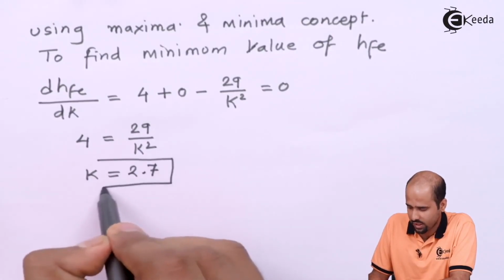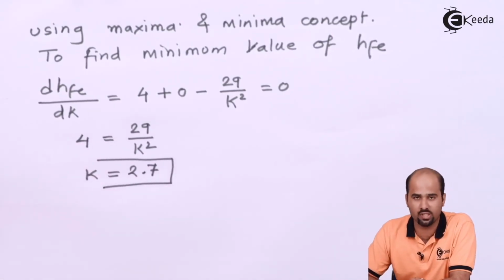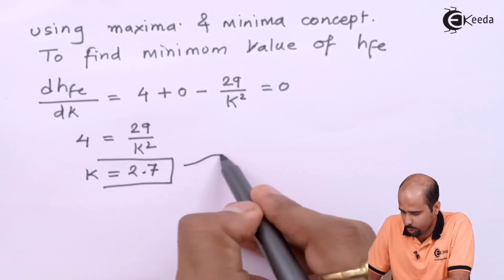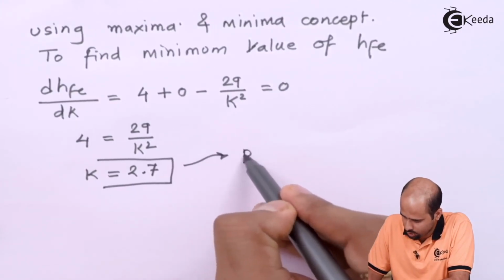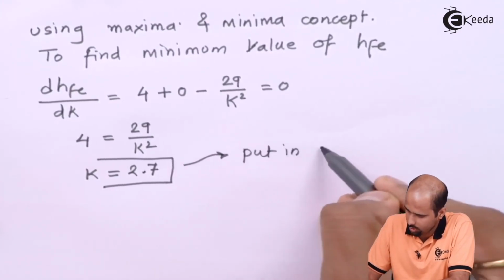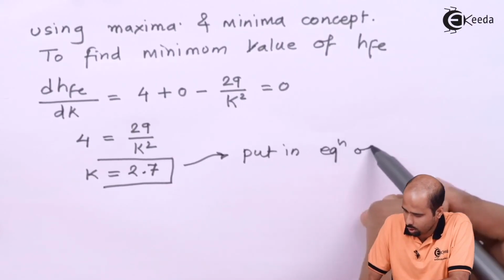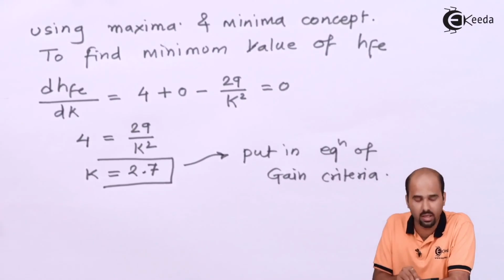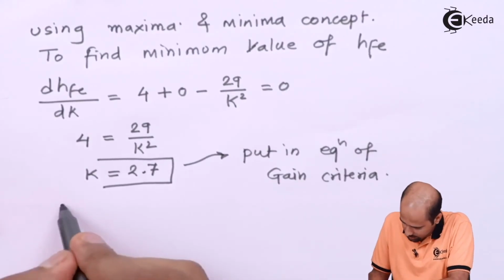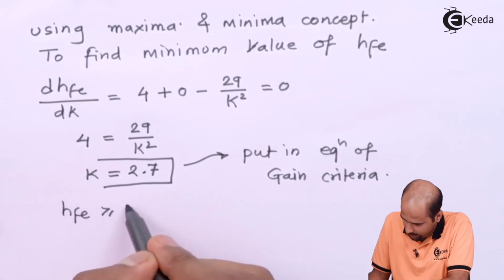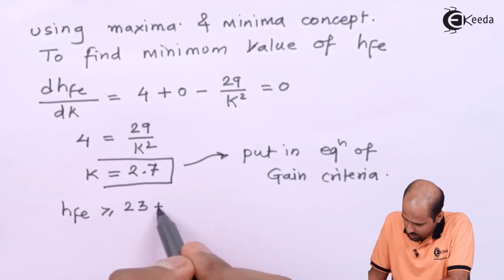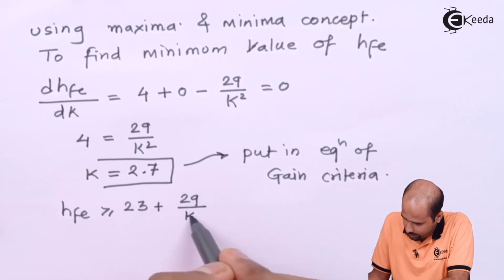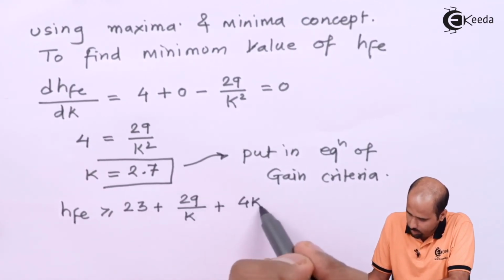Whatever K value we have got as 2.7, we now put in the equation of gain criteria. So what is the gain criteria? HFE should be greater than 23 plus 29 divided by K plus 4K, right?